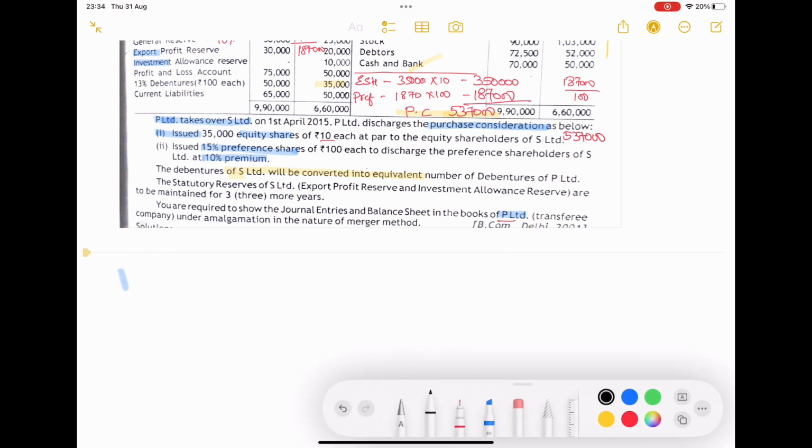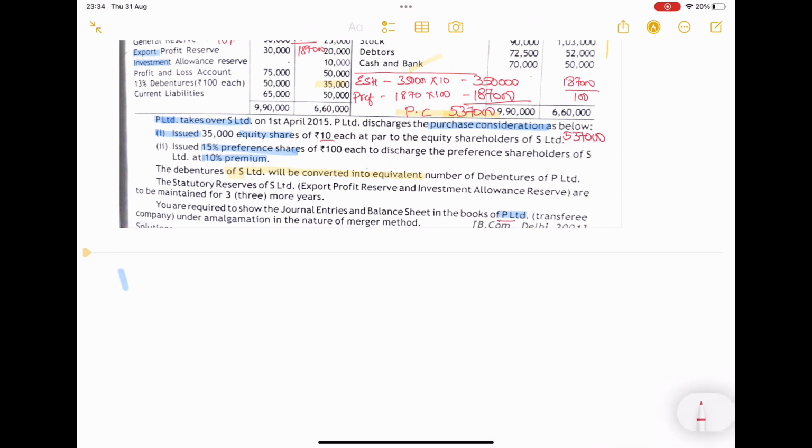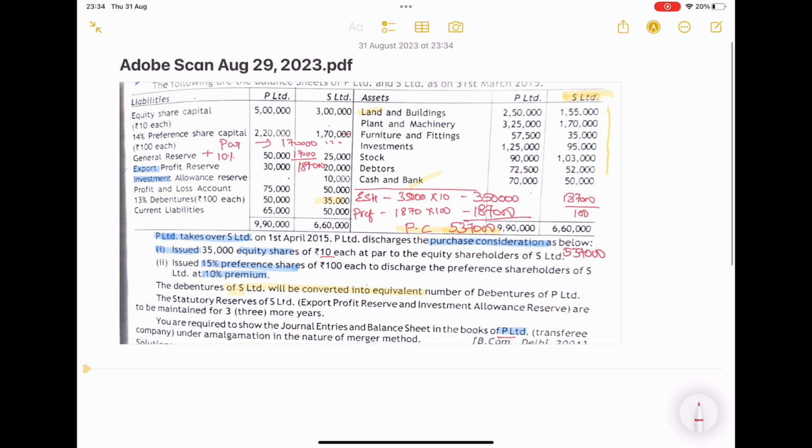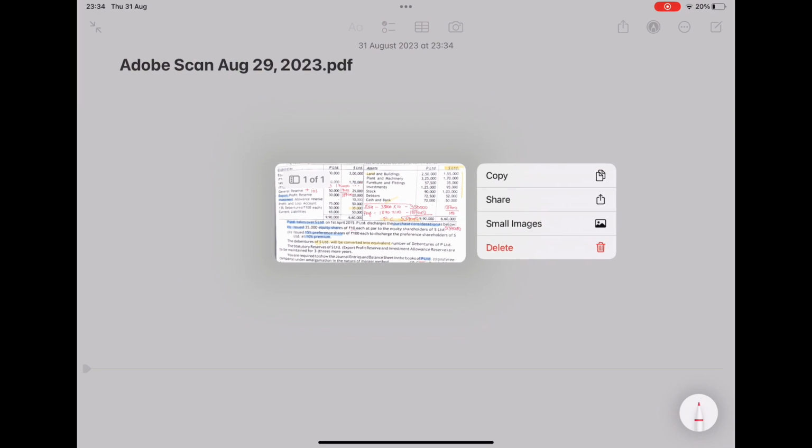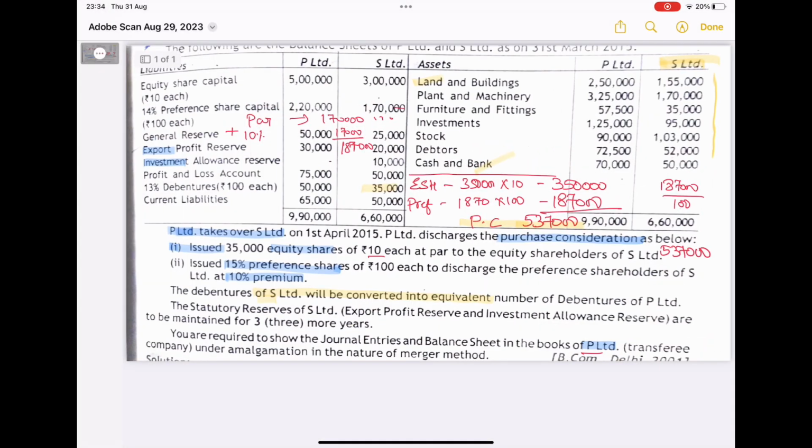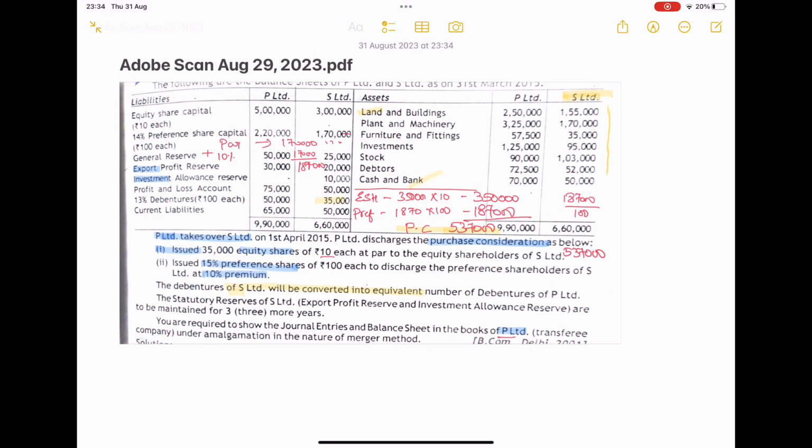So there will be some calculations. Basically the calculations will be on the reserves. Why? Because see in question, we have transferred the losses while calculating journal entry itself. We have transferred our losses in the general reserve category, isn't it? So in general reserve we are going to transfer it. Okay, so these general reserves we are going to do some calculations.